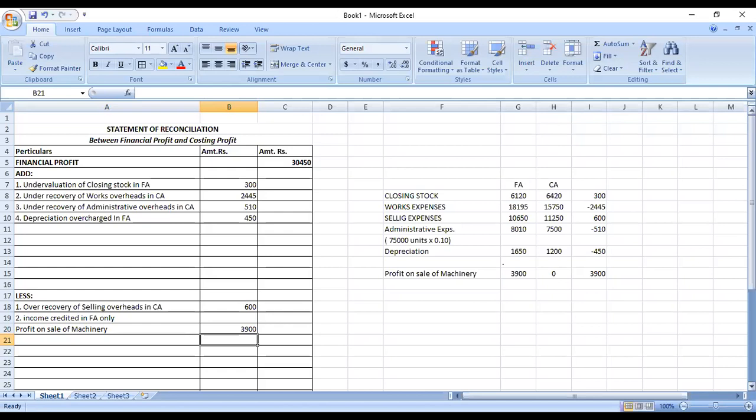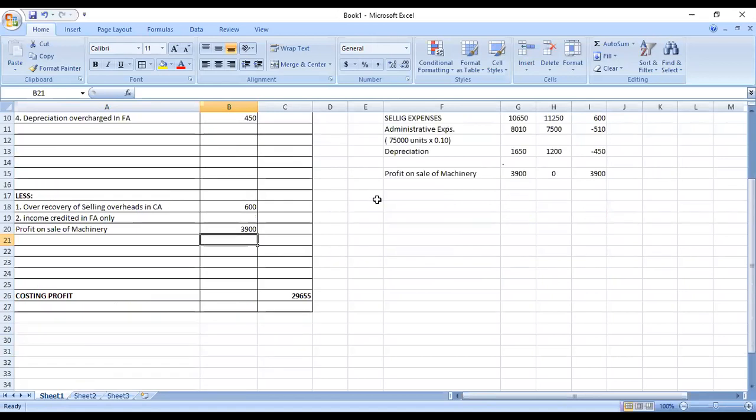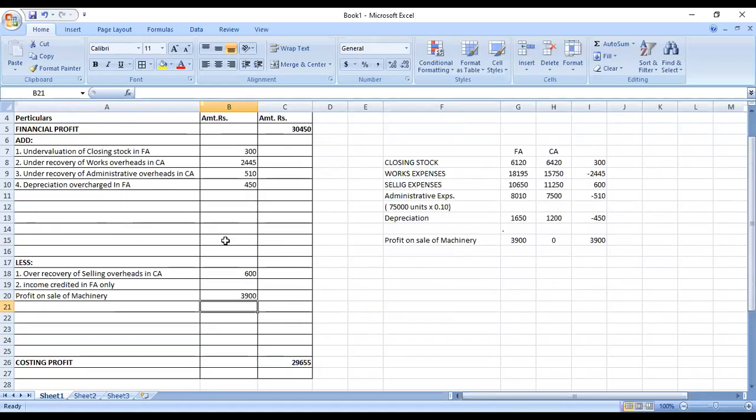Okay, prepare the statement. I think all the adjustments are over. All the adjustments are done. Now the totaling. Do the totaling, students, how much does this come to? That is 3,705.